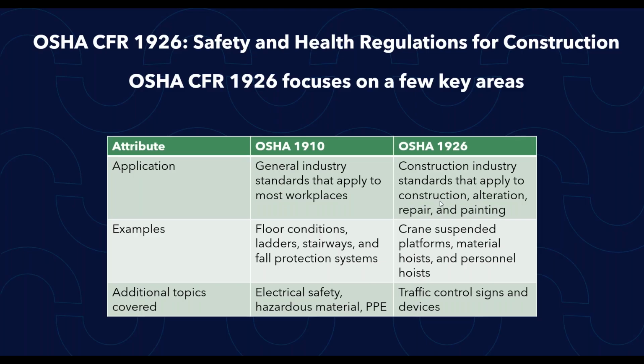Specifics covered in 1910: floor conditions, ladders, stairways, fall protection systems, just to name a few, all the way over to fire protection and electrical safety, etc. Those same things are covered in 1926, but also with an increased emphasis on other things we see in the construction world: the cranes, suspended platforms, material hoists, and personnel hoists, for example.